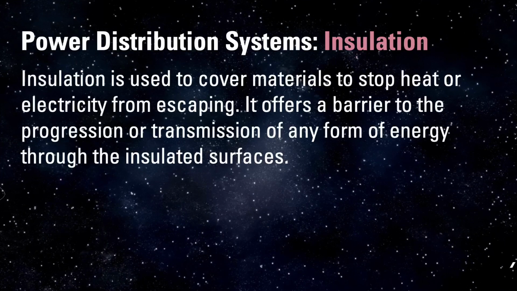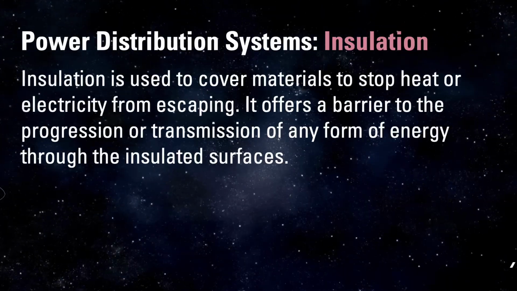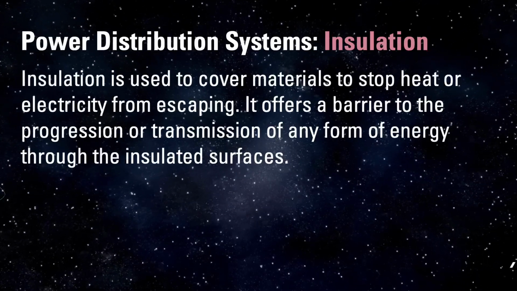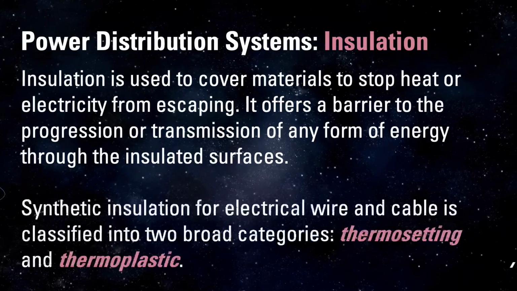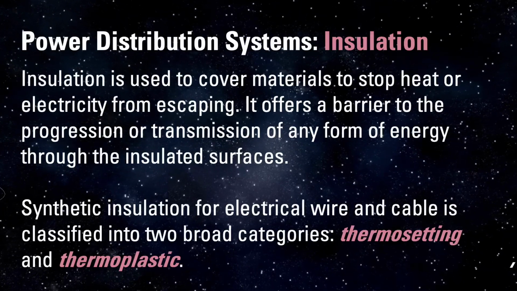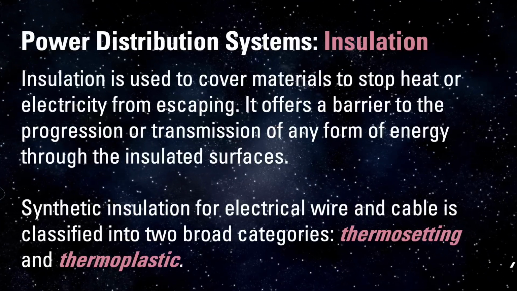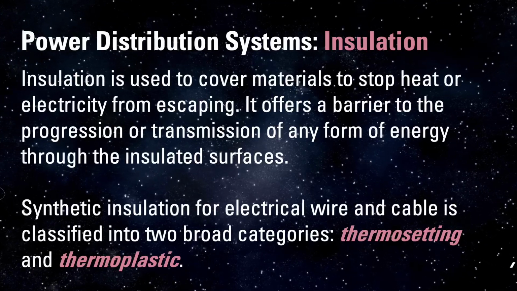Insulation is used to cover materials to stop heat or electricity from escaping. It offers a barrier to the progression or transmission of any form of energy through the insulated surfaces. Synthetic insulation for electrical wire and cable is classified into two broad categories: thermosetting and thermoplastic.